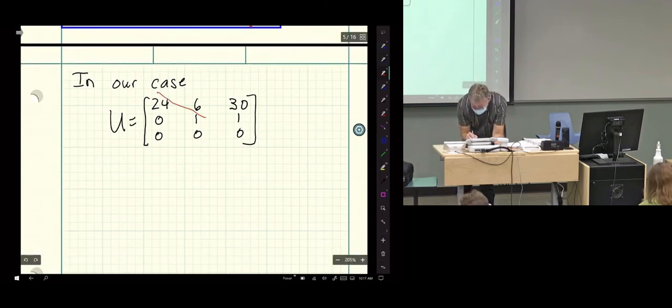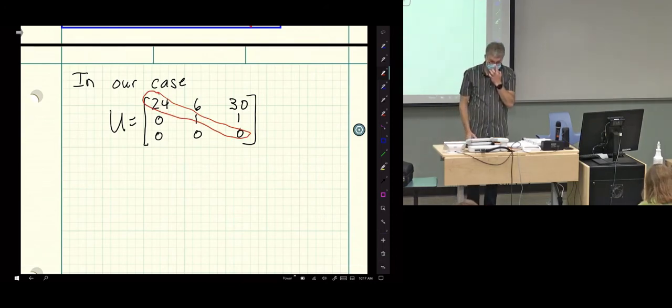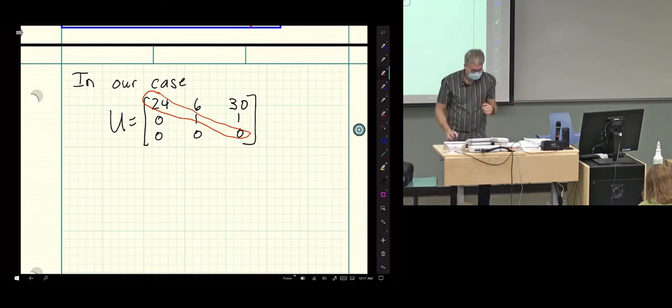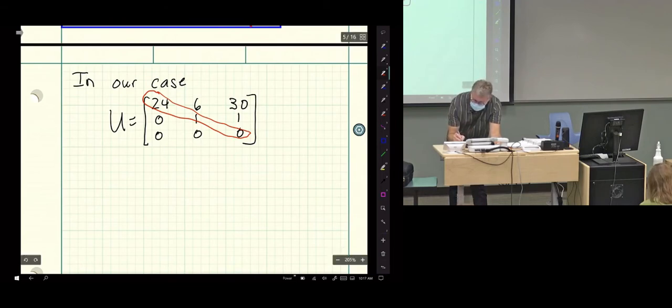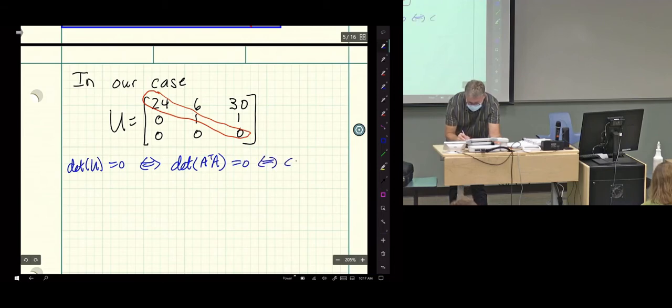Okay, so here's the diagonal of U. So it should be the case that determinant of U equals 0 if and only if determinant A transpose A equals 0 if and only if columns of A are linearly dependent.